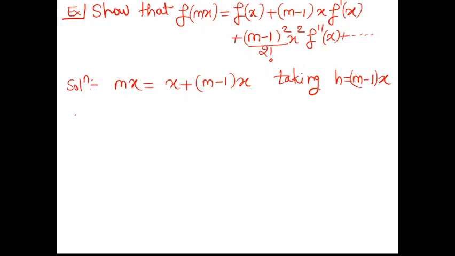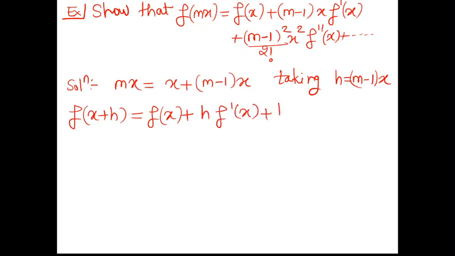Just write the formula of Taylor series in the powers of h. So we have f of x plus h is equal to f of x plus h f dash of x plus h square by 2 factorial f double dash of x and so on. But x plus h is nothing but mx.